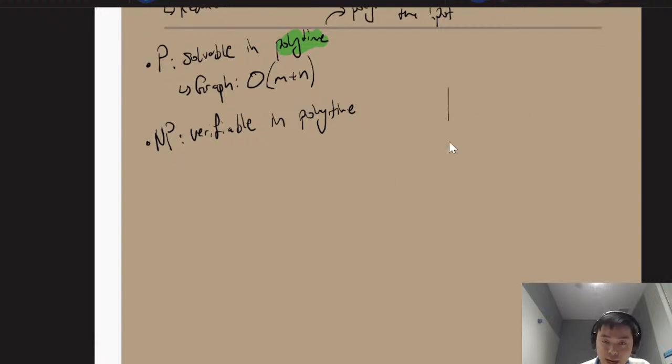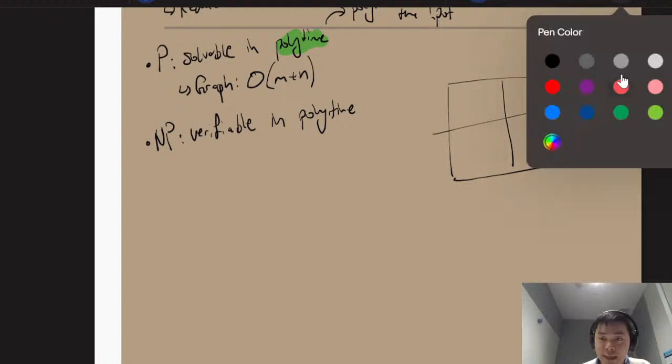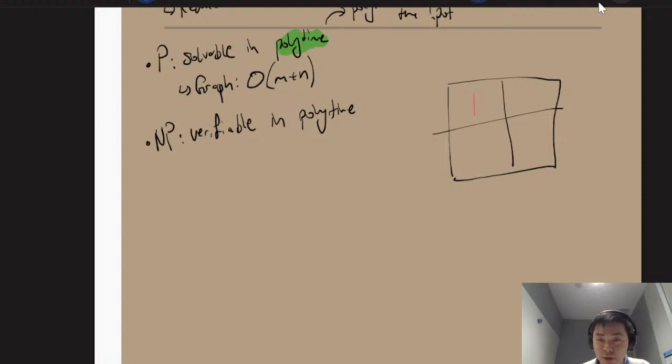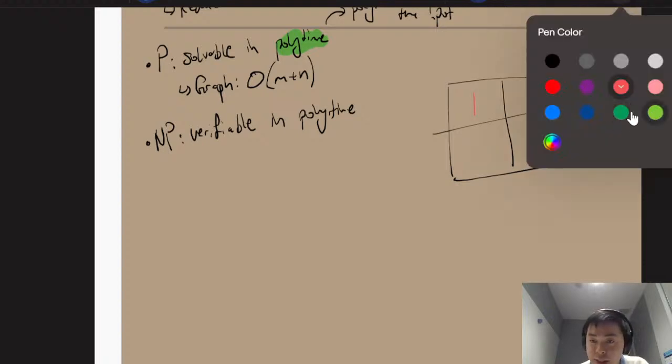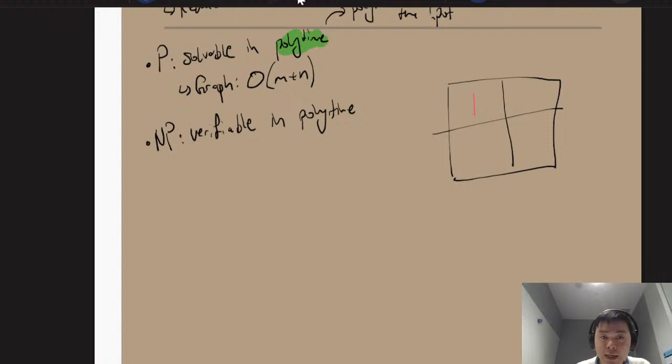So, for example, if I have a Sudoku, let's say we'll do a 2x2 Sudoku, and then I say this Sudoku has a solution, and then I give you the solution. So maybe this is 1, 2, 3, 4.